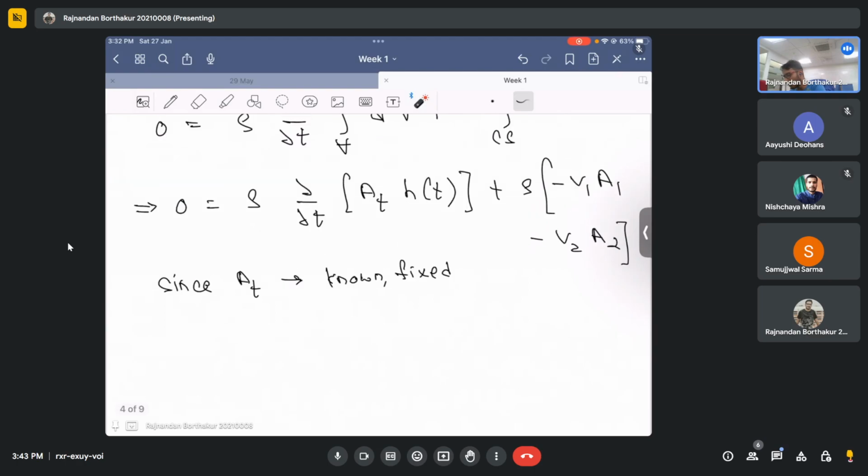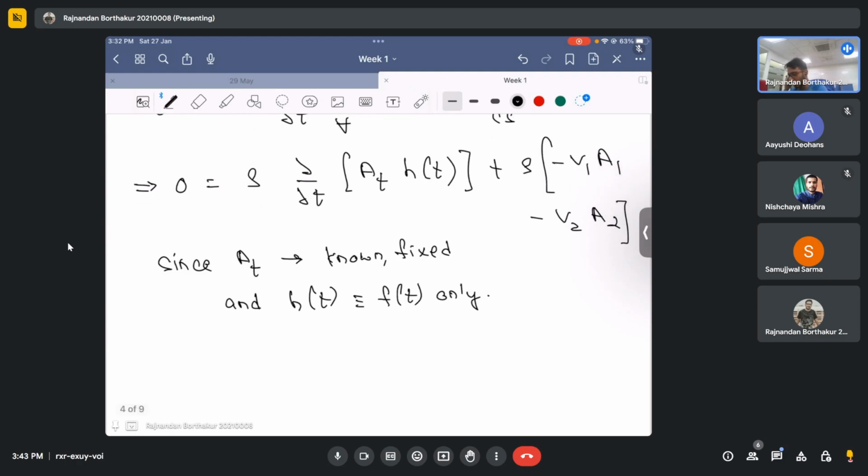So since At is known and fixed, and h of t is just a function of t only, this is how we denote a function. I hope you guys are familiar with these things.